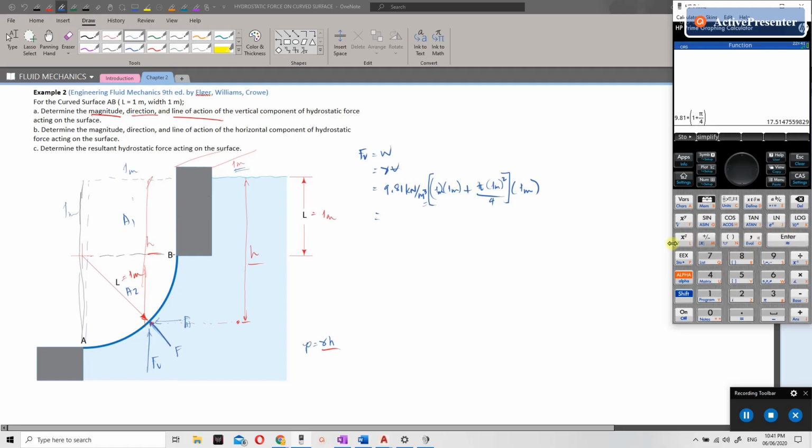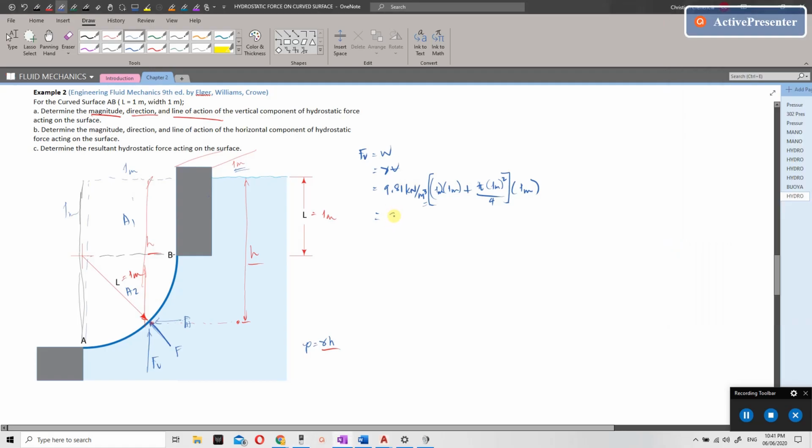We have 17,515. So this is the magnitude. Then our direction is upward.